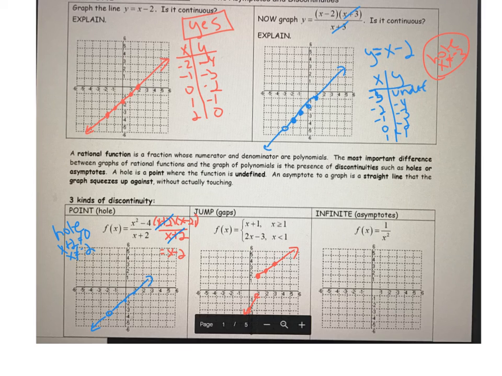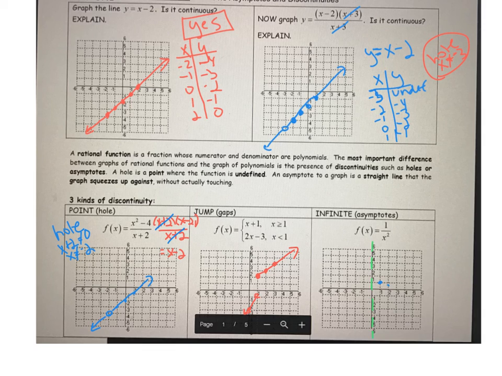So I cannot plug in 0. I have an asymptote at 0. Well, what happens when I plug in 1? 1 divided by 1 squared is just 1. So 1, 1. For 2, 1 divided by 2 squared is 1 over 4. So we're getting very close to that x-axis.